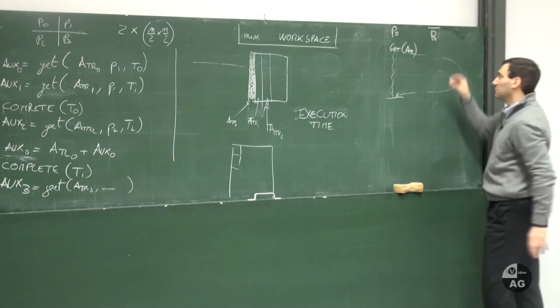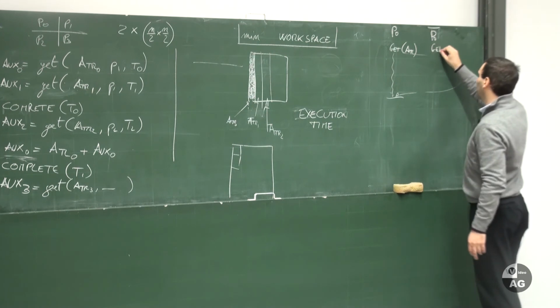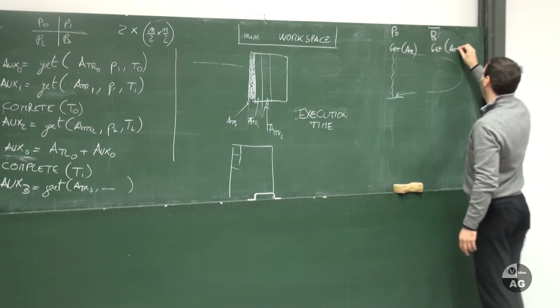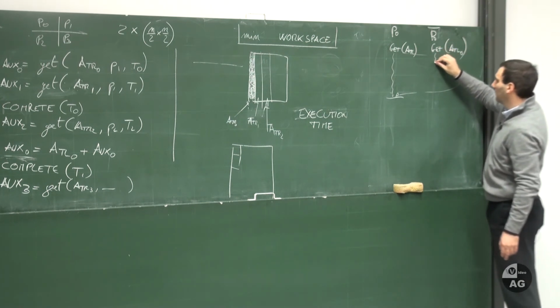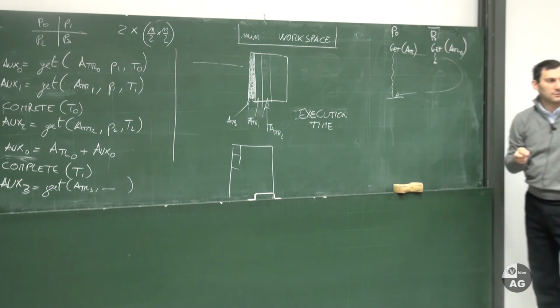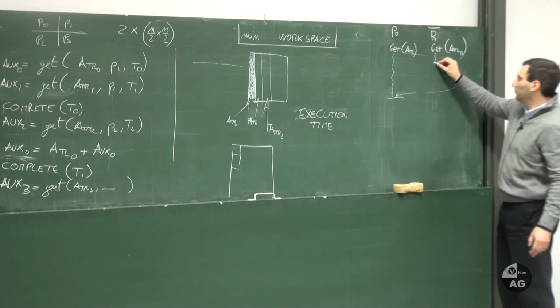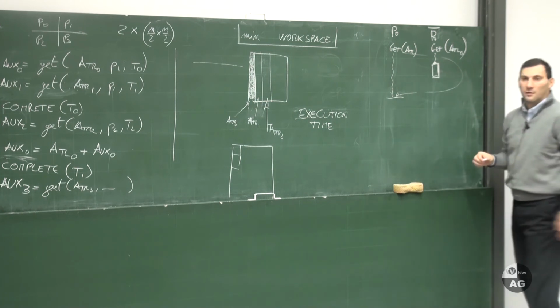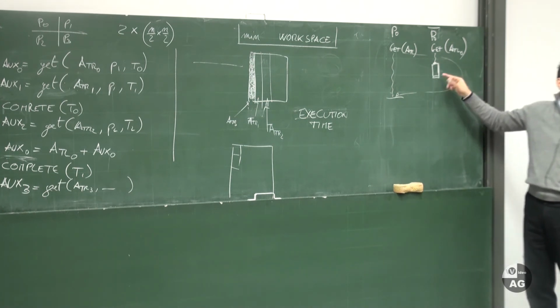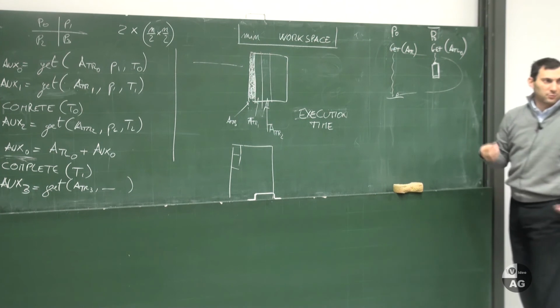Now I only get A top left 0, and this get takes less time, so I can start computing right here. But I don't compute and then issue another get, that would be stupid.